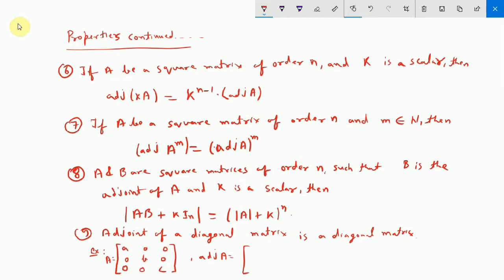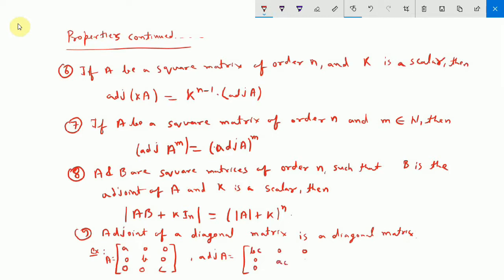So B into C, it will be BC. Second will be 0 0. Next, see all the elements. For B it will be A into C, and this is 2 plus 2, so minus 1 to the power 4, it will be positive only.